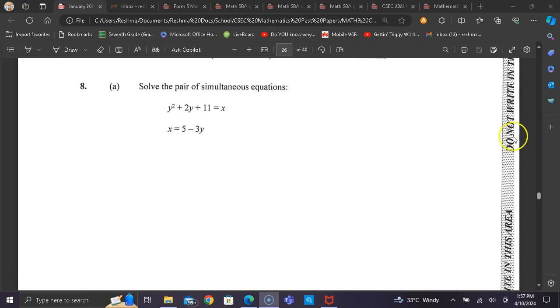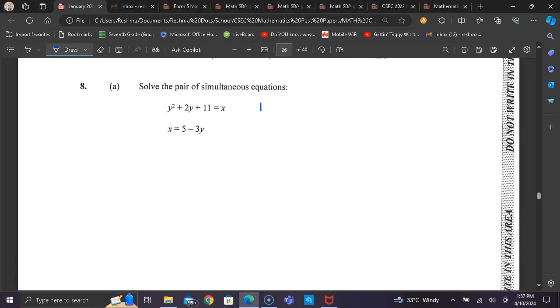So if we look at our two equations, the first equation is equal to x, and the second equation is also equal to x. So it means that the two expressions that x is equal to in both equations would be equal to each other. So what we're going to do is substitute one equation into the other since they're both equal to x.